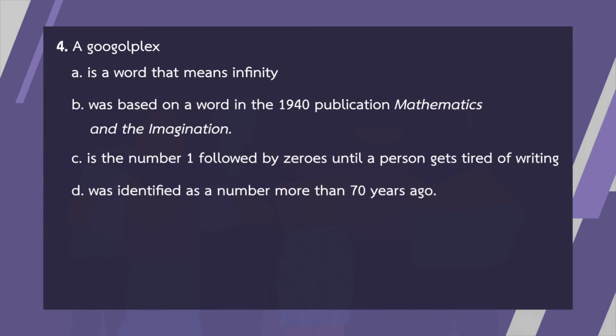As a result, Kasner defined the Googleplex as the number 1 followed by a Google of zeros. This made Googleplex a finite number, although it was unimaginably large. The terms Google and Googleplex first featured in Kasner's 1940 publication Mathematics and the Imagination.